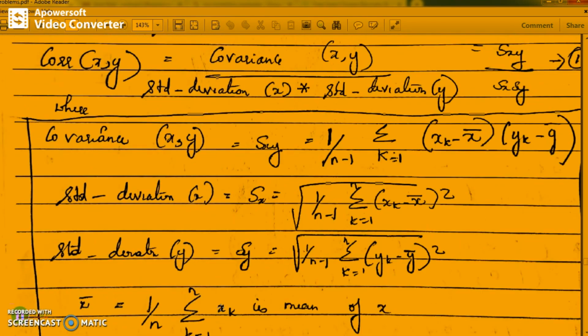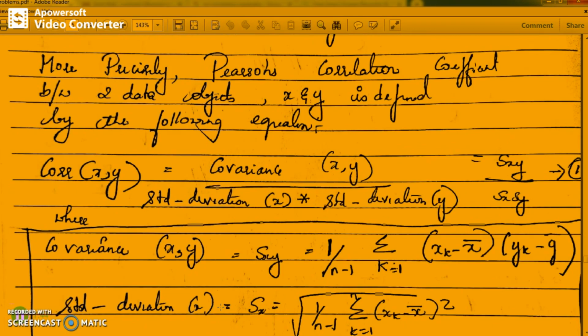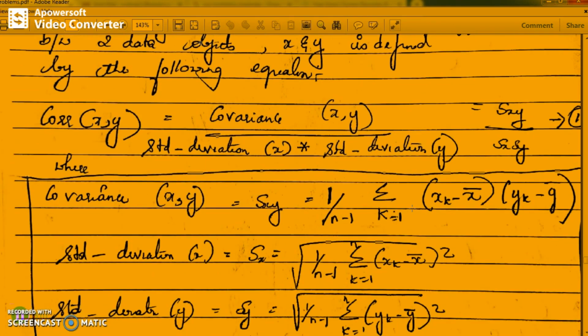Now we'll see the formula, Pearson's correlation coefficient formula. The formula is given by covariance between the two objects x and y divided by standard deviation of object x times standard deviation of object y. We'll now see the formula to calculate the covariance between the two objects x and y. That is the numerator part.